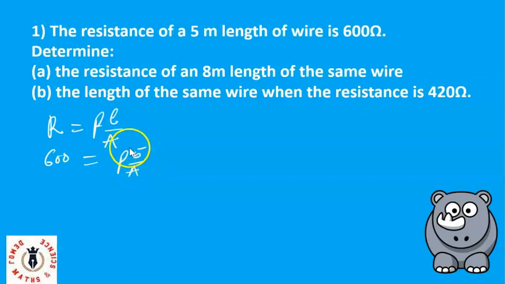So I can simply make the resistivity of this material the subject of formula. So let's do that. To make rho the subject of the formula, I'll say 600 times A, that's cross multiplying, divided by 5 is equals to rho. So that 5 here is 1, 5 in 600, that's 120.